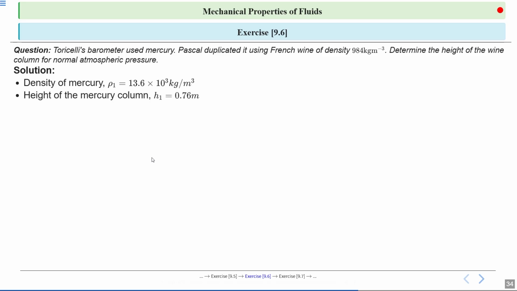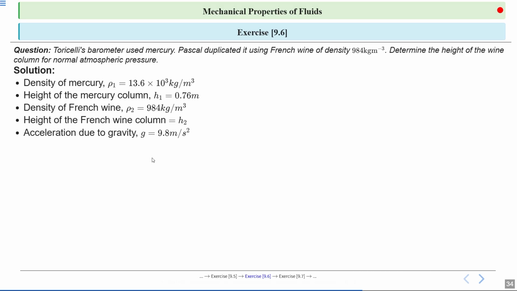Height of the mercury column, H1, equal to 0.76 meter. Density of French wine, rho 2, equal to 984 kg per meter cube. Height of the French wine column is equal to H2. Acceleration due to gravity, 9.8 meter per second square.